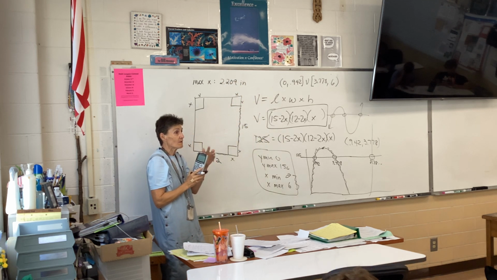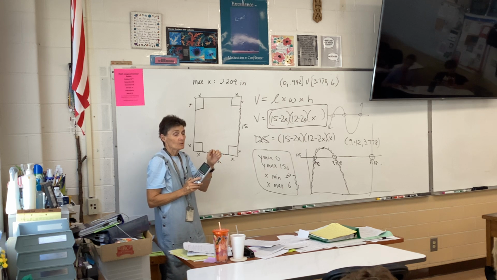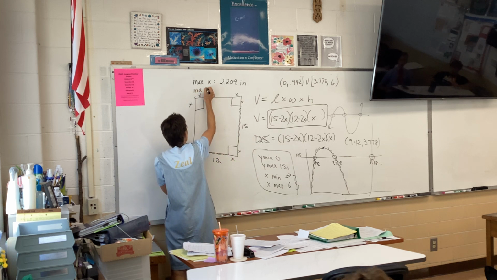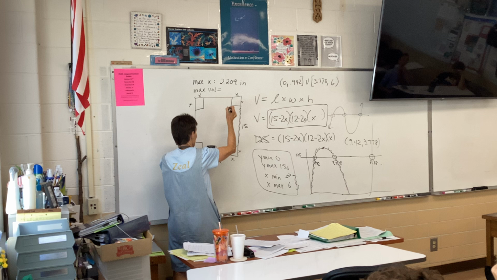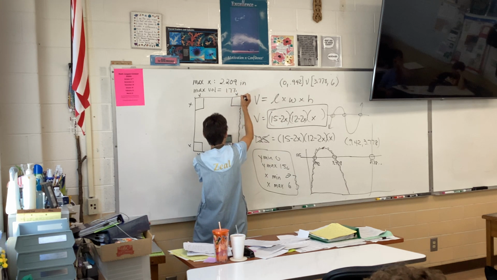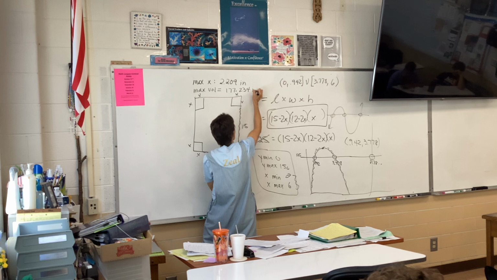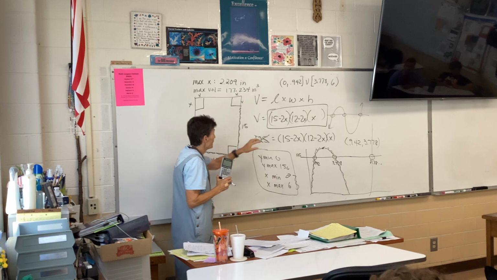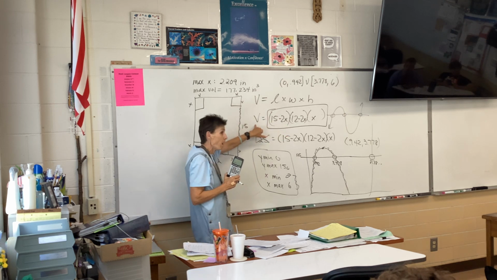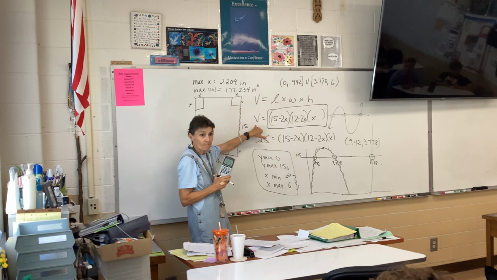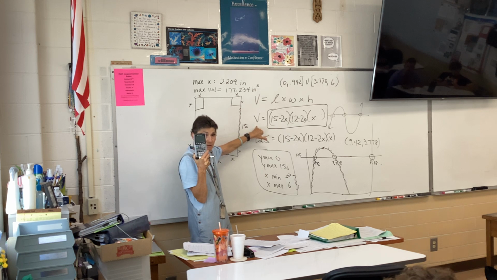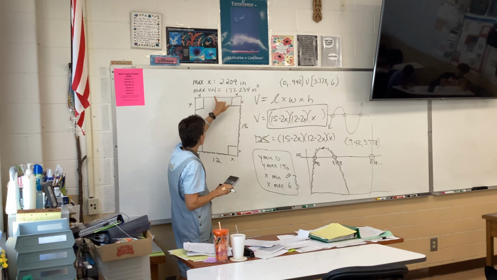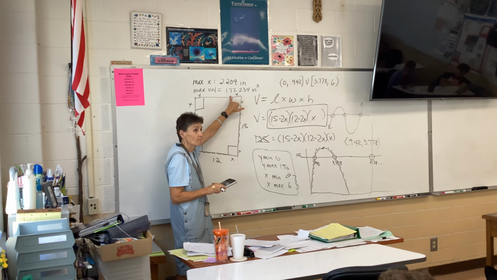So if you want to make the very biggest box possible, you're going to cut out corners that are 2.209 inches. And the maximum volume is 177.234 cubic inches. Because remember, x was the size of the corners and y was the volume. So when they gave me an ordered pair, the x was the size of the corners and the y was the maximum volume.